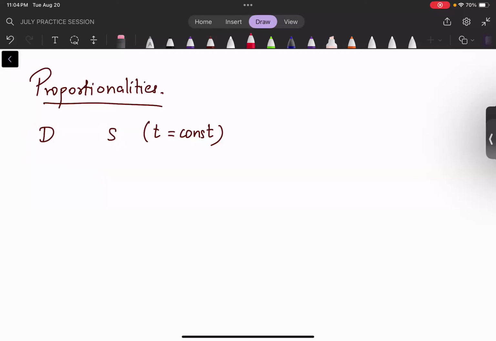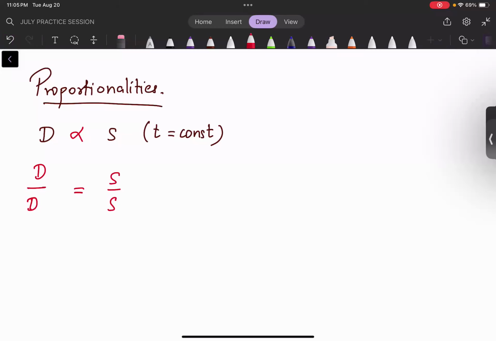Okay, proportional. Whenever two terms are proportional, how you should write the formula is, let me write it this way first. Write d by d and s by s.